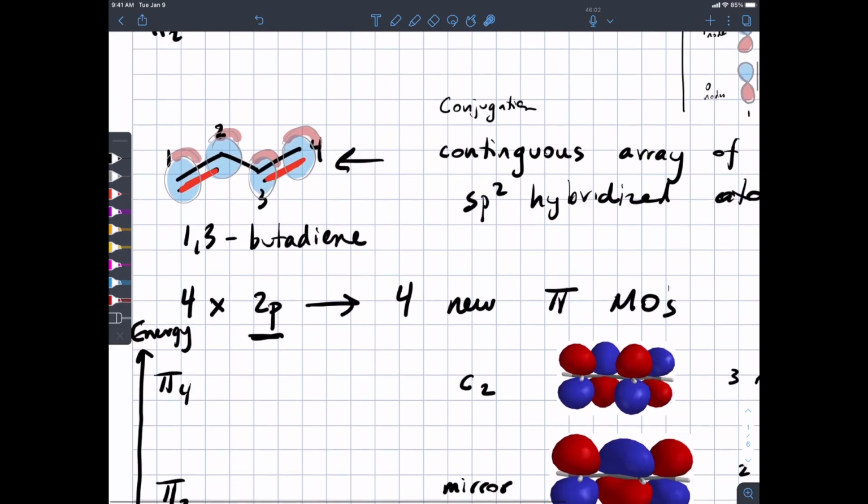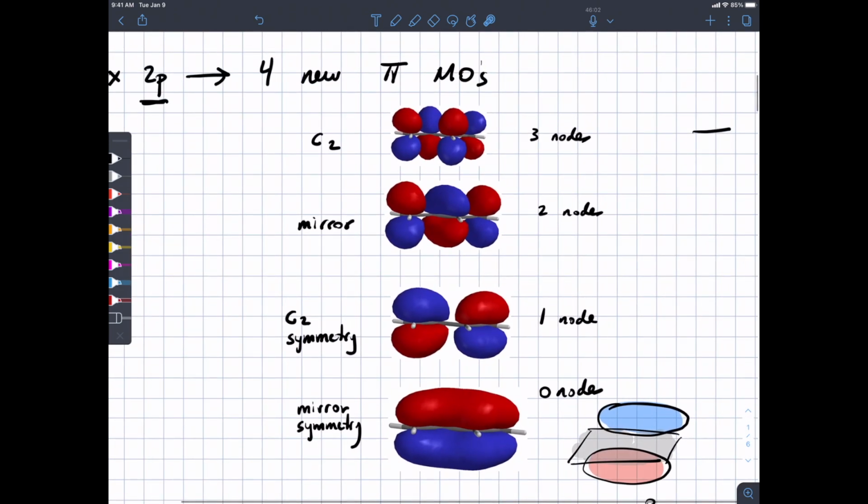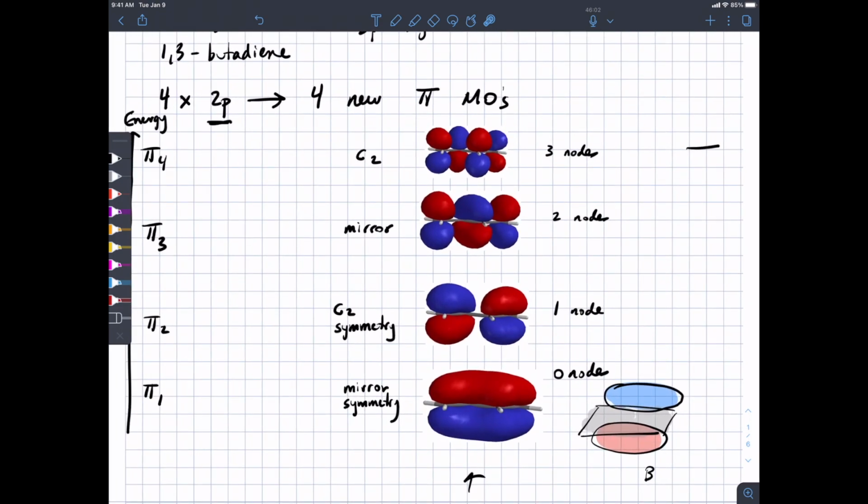Now at this stage, I've copied in the orbitals from Spartan for 1,3-butadiene. And again, this is not the thing I would expect you to draw from memory. However, if I did show you orbital drawings schematically and I hadn't already ordered them in energy, I would expect you to be able to tell me which orbital was lowest in energy, which was highest in energy, and so on.